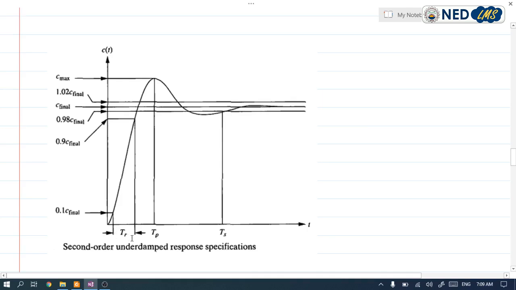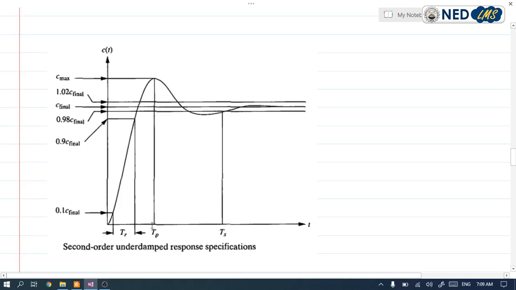So this is the rise time, and the peak time is the time when our output reaches its maximum value.